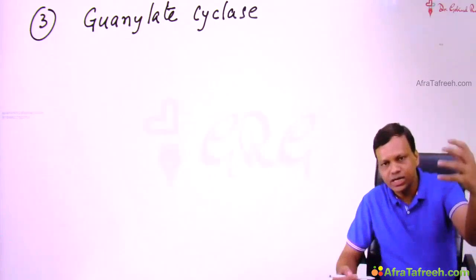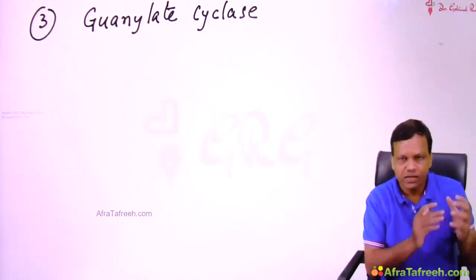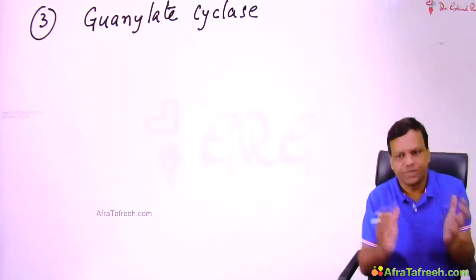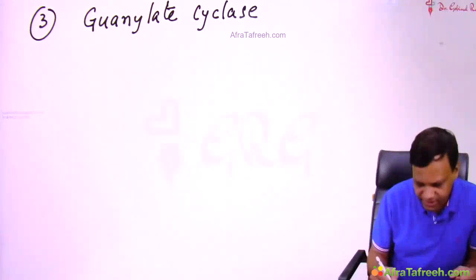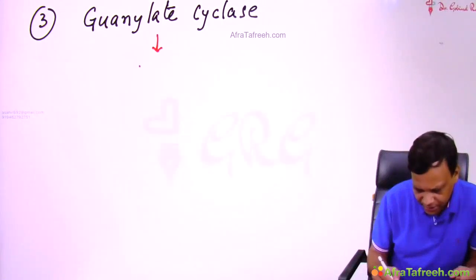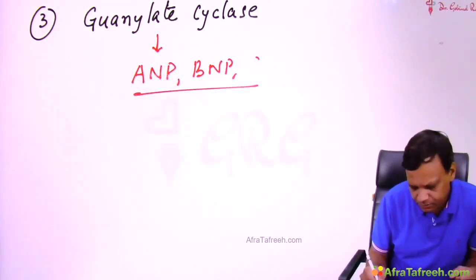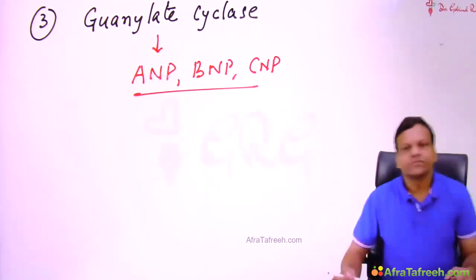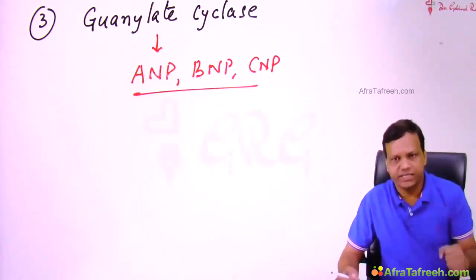Drug binds outside, thus guanylate cyclase is activated inside. So obviously that will increase the cyclic GMP. And the substances which act through guanylate cyclase are natriuretic peptides like ANP, BNP and CNP. These have enzymatic receptors which act through guanylate cyclase.